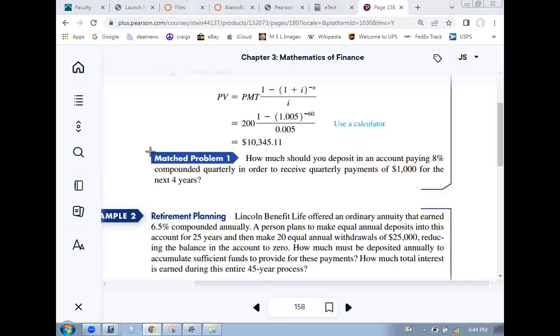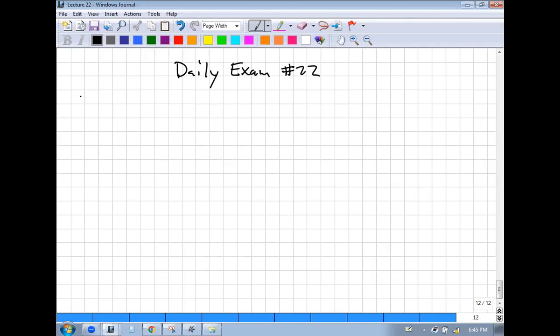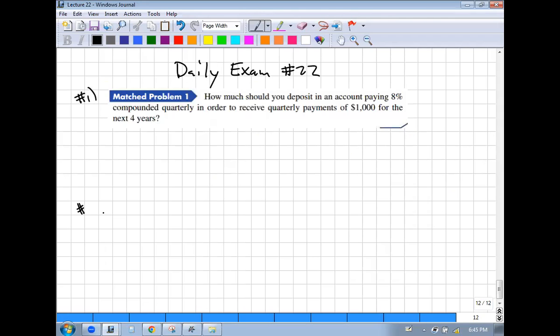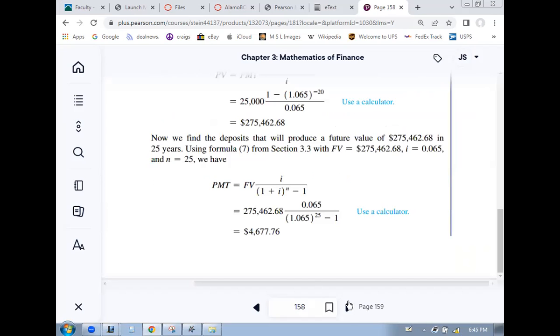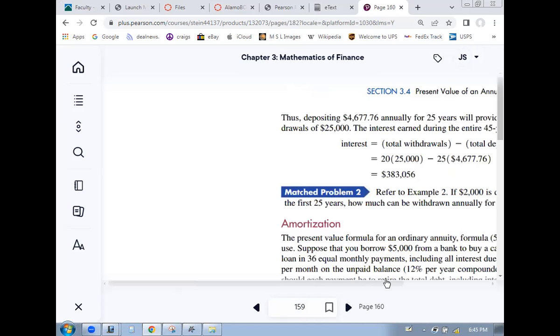We just plugged it into the equation, right? For a new formula. That's going to be your number 1. Just do the math problem. And then number 2, we'll pick one of the simple ones from the section problems here. Amortization.